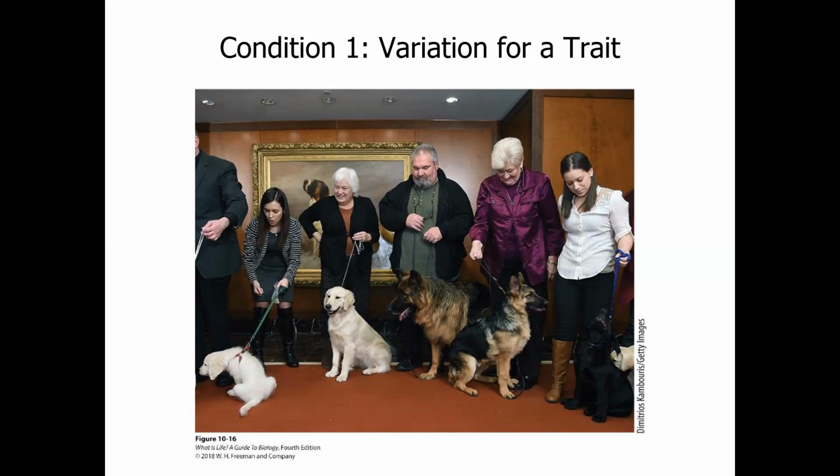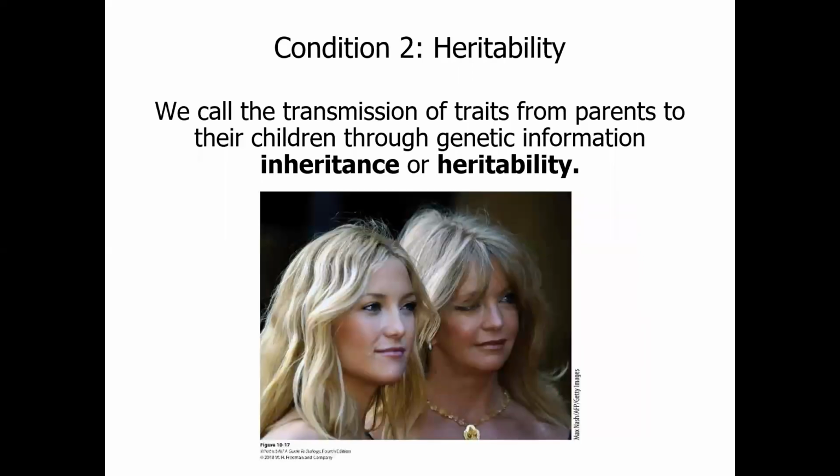So we have to have variability. If we don't have variability, we can't have natural selection. The example your book gives is dogs, with so many breeds and varieties, since we have artificially selected them to produce a lot of different traits. So variability is the first condition that needs to be met.